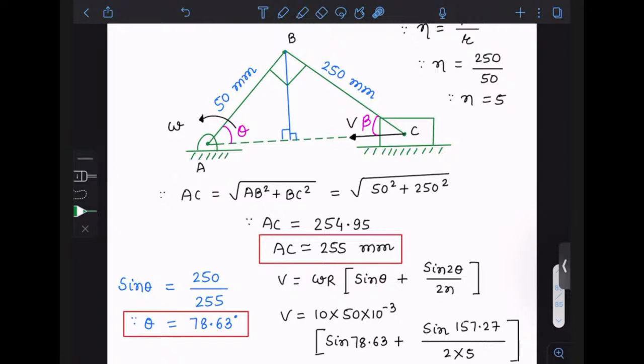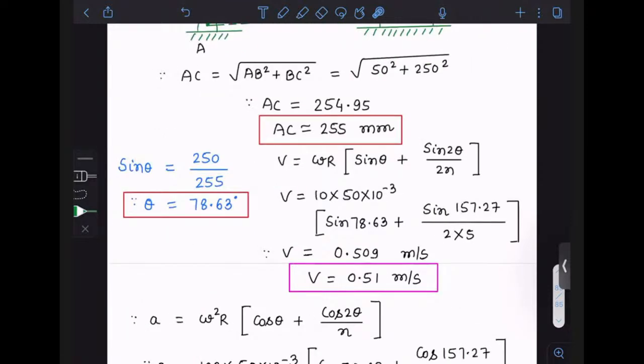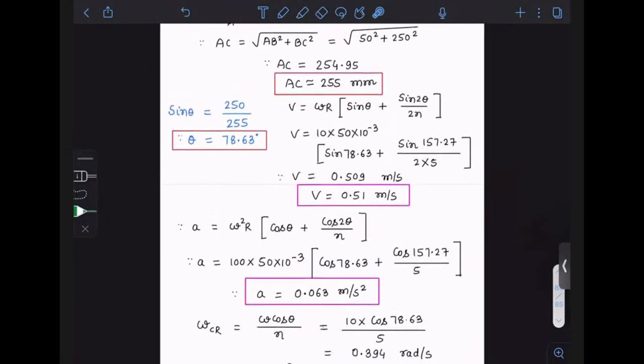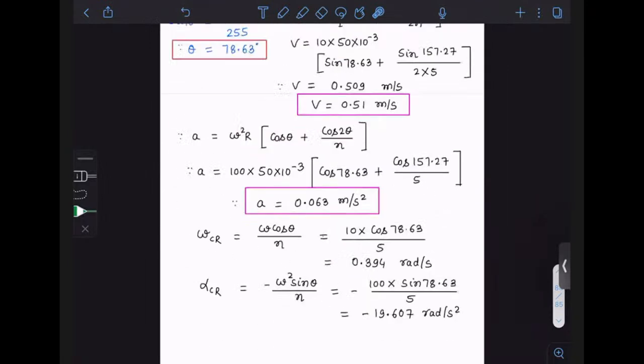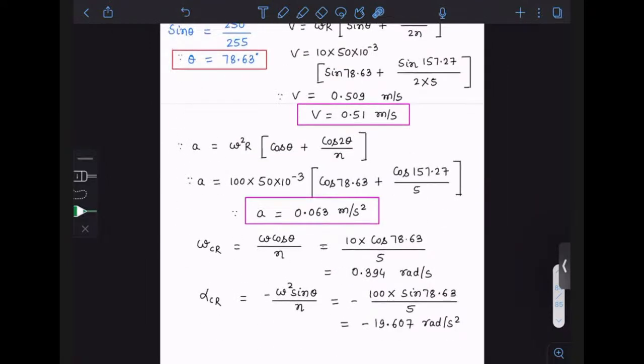Done, my dear? Done or not? I hope this part is done. Now, guys, see the next problem. Done, very good. Now, see the next problem, everyone.